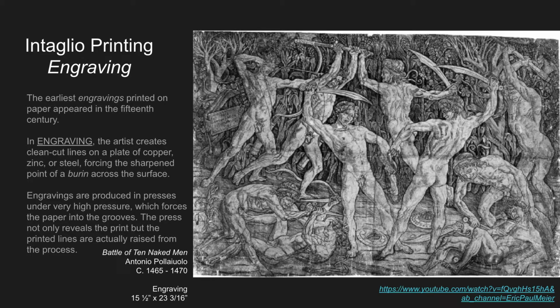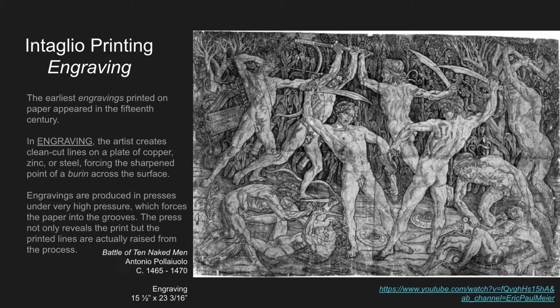So, in engraving, the artist creates clean cut lines on a plate of copper, zinc, or steel, forcing the sharpened point of a burin across the surface. A burin is just a fat needle with a really sharp point. Engravings are produced in presses under very high pressure, which forces the paper into the grooves.